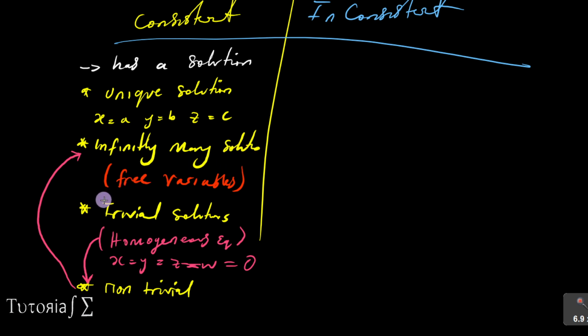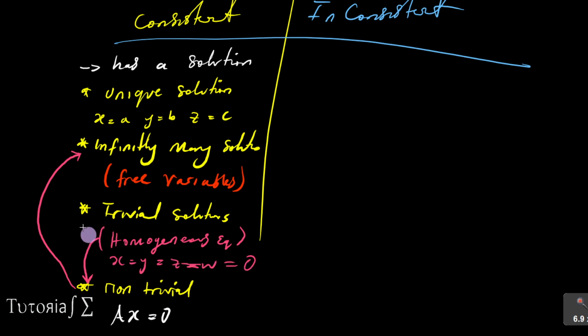And if we're looking at homogeneous systems of equations, which are basically equations in the form Ax equal to 0, where the constants at the end of the equations are equal to 0, this system has a trivial solution when x is equal to y is equal to z is equal to 0.